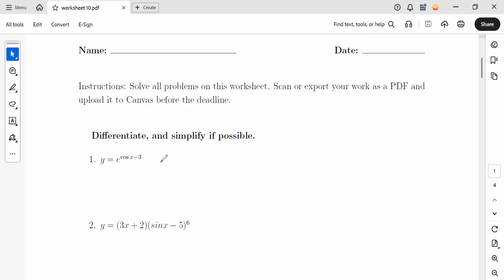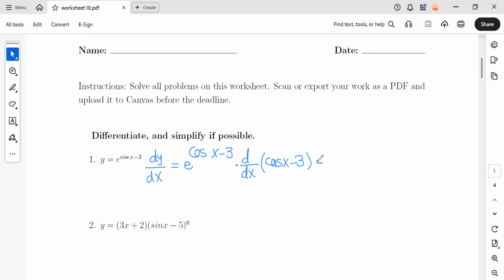So we know that number one is an exponential function with base e, and for taking the derivative dy dx, we would write a copy of whatever we have, like e to the power cosine of x minus 3, times d dx of the power, which is cosine of x minus 3.